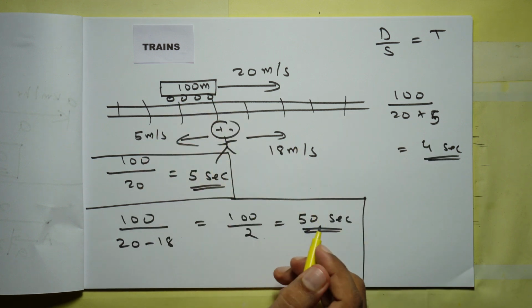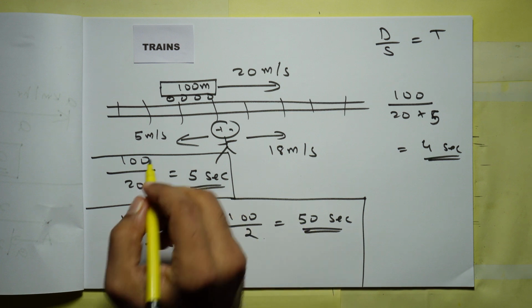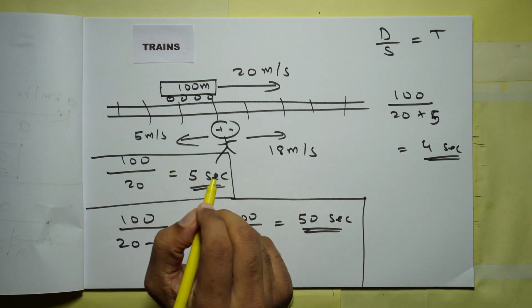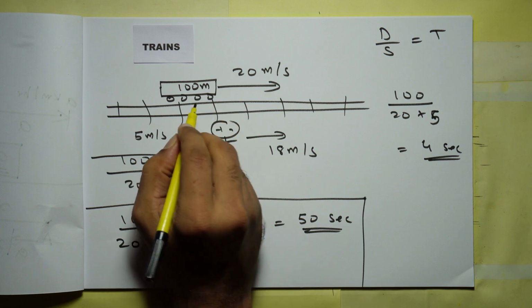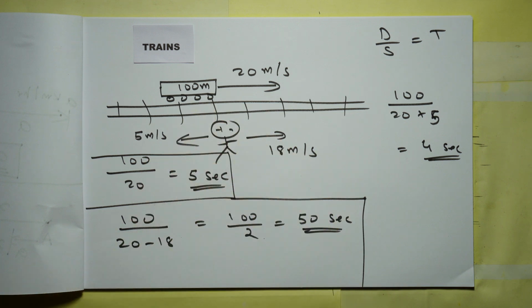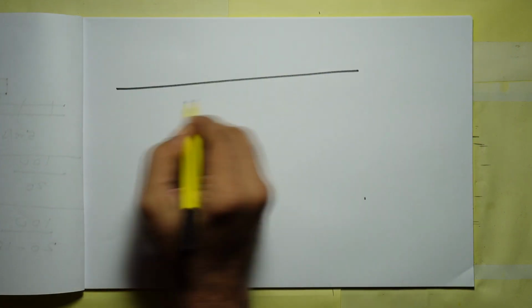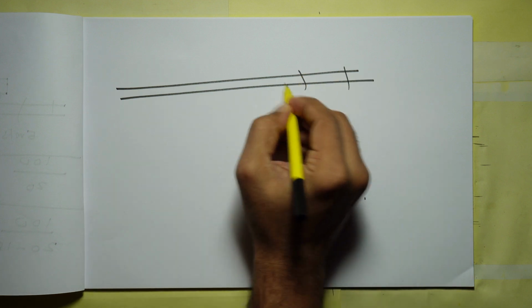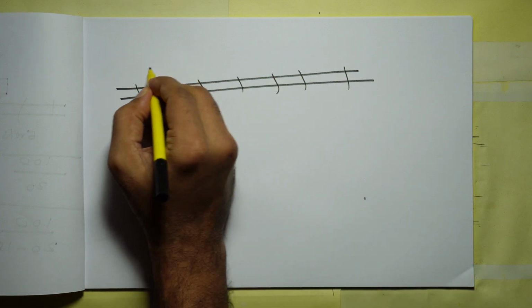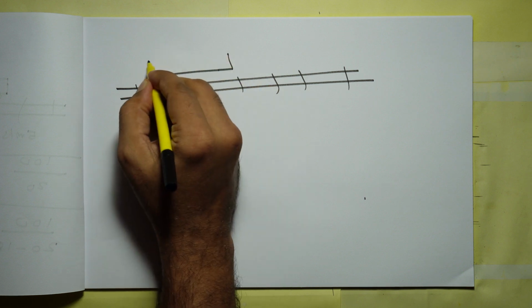Now generally when you have questions on trains, there will be many parallel railway tracks and trains moving in either direction. So let us look at some situations. So you have one railway track like this. Now the same train is here.